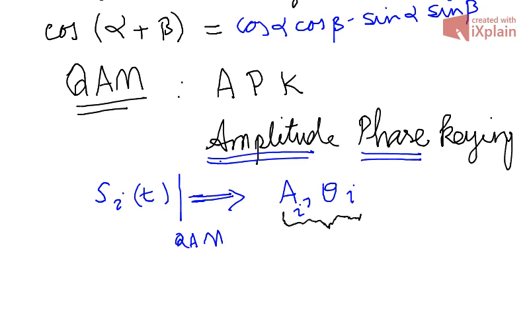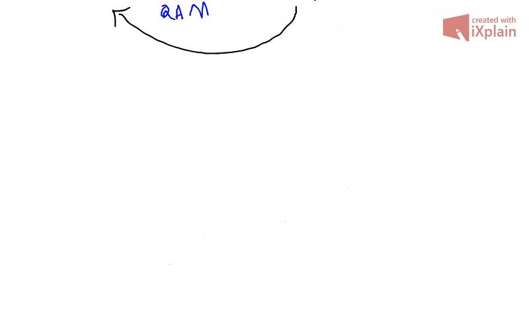We will see that when we combine these amplitude and phase variations, the signal S_i of t of the QAM modulated signal is formed. So we conclude that QAM is also known as amplitude phase key.